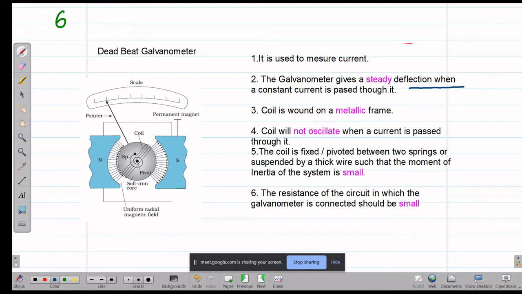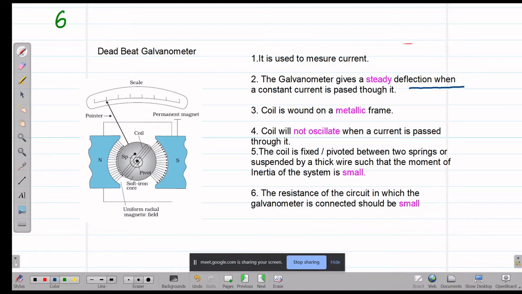Now, most of the time when you construct a deadbeat galvanometer, the coil is pivoted or fixed between two springs. Sometimes the coil is also suspended by a string. The string is usually a metallic string. So in the case of coils that are suspended in magnetic fields, such galvanometers are called suspended coil galvanometers.